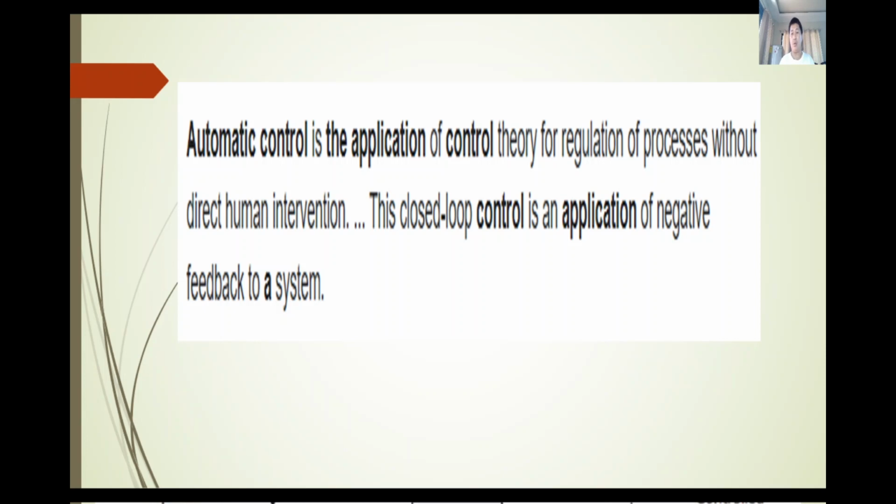There is no need to control by the operator because it is controlled by the automatic control, which is called closed loop control system or feedback system. So there is no need for the human to control. So that is the meaning of without direct human intervention.